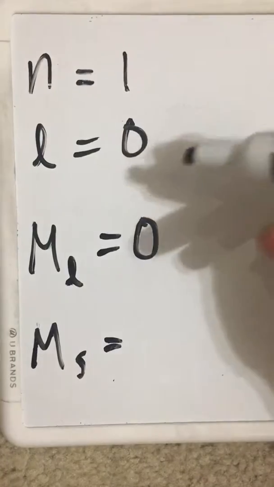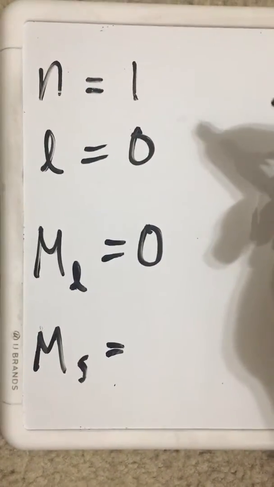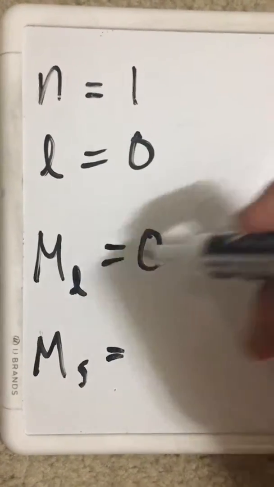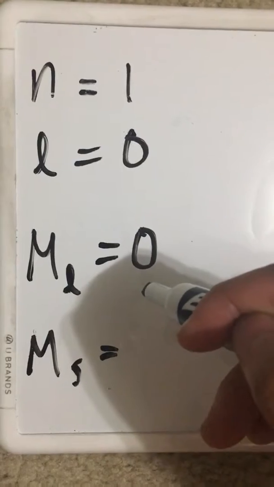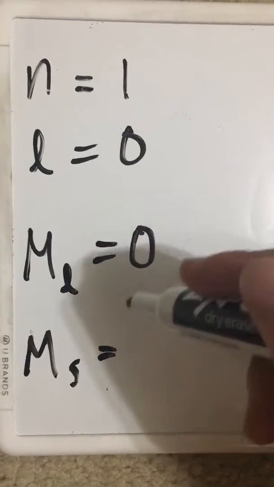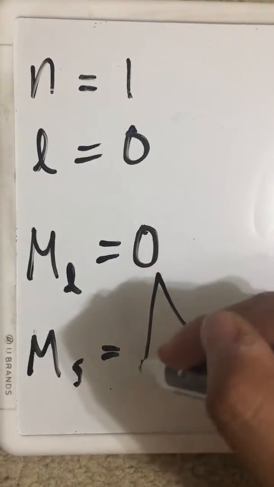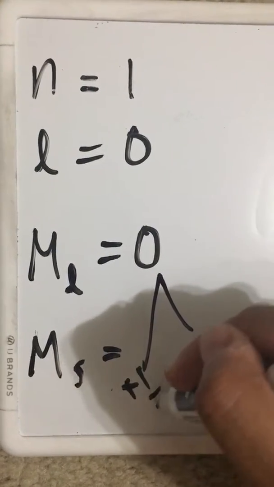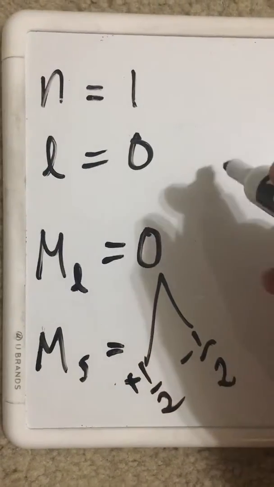And I just want to note that each orbital can only hold 2 electrons. Being able to hold only 2 electrons means that there are only 2 electrons to spin. They have to spin in different directions, so one will spin in plus 1/2 and one will spin in minus 1/2.